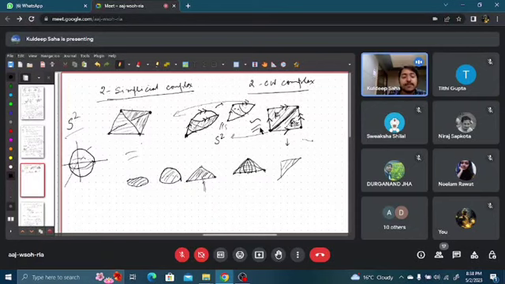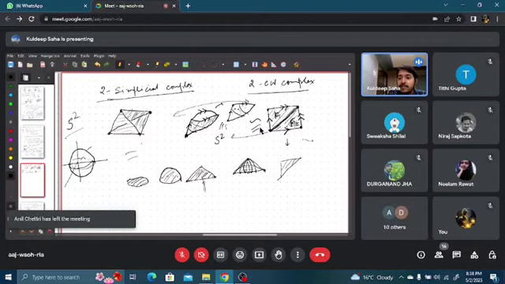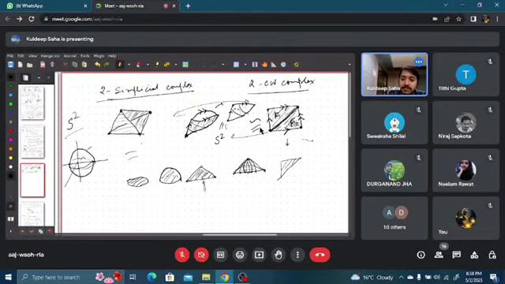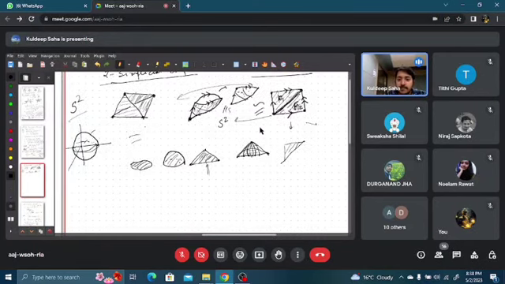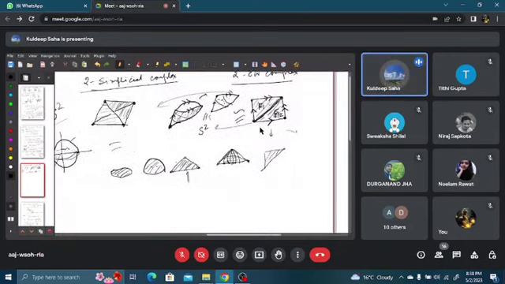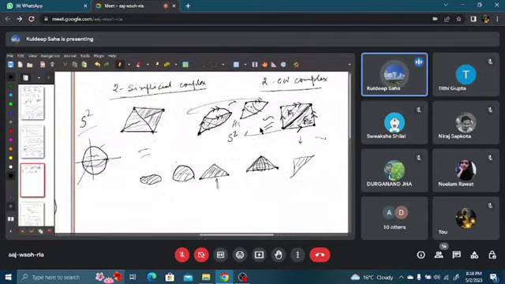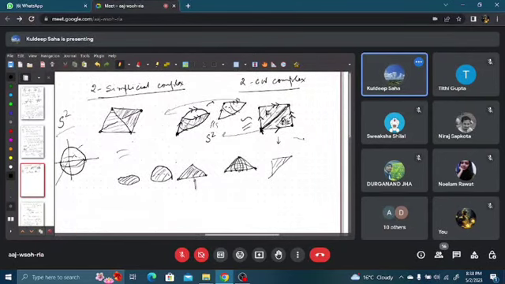There must be at least 4 faces to give a simplicial complex structure on S2, whereas a CW complex structure on S2 can have as low as only 2 faces, right? So I hope I have given some idea about simplicial complex and CW complex.